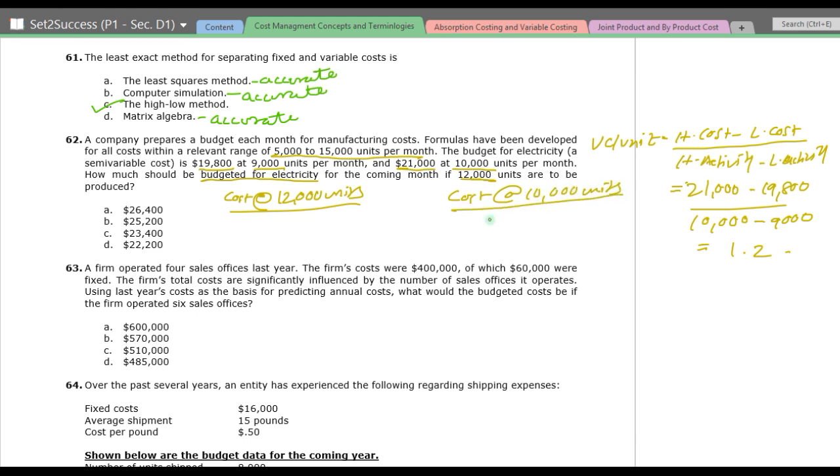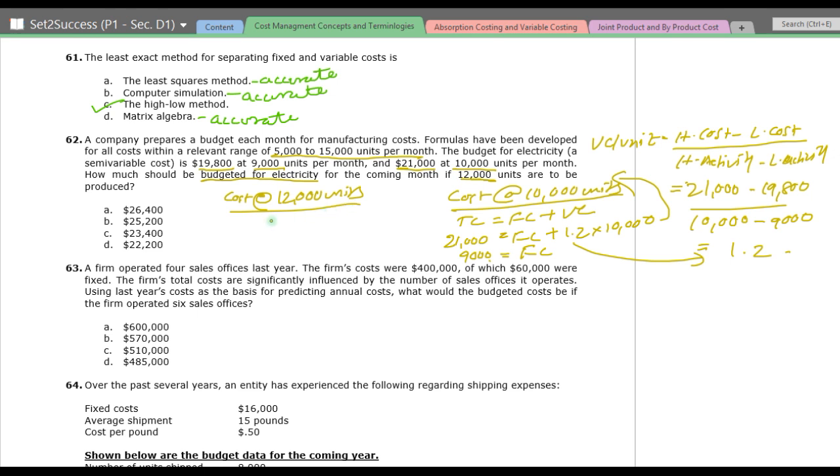So the total cost is equal to fixed cost plus variable cost per unit. So total cost for 10,000 units is 21,000, fixed cost, and variable cost is 1.2 into 10,000. That is 1.2, and we are finding for 10,000 units. So fixed cost will come to 9,000.